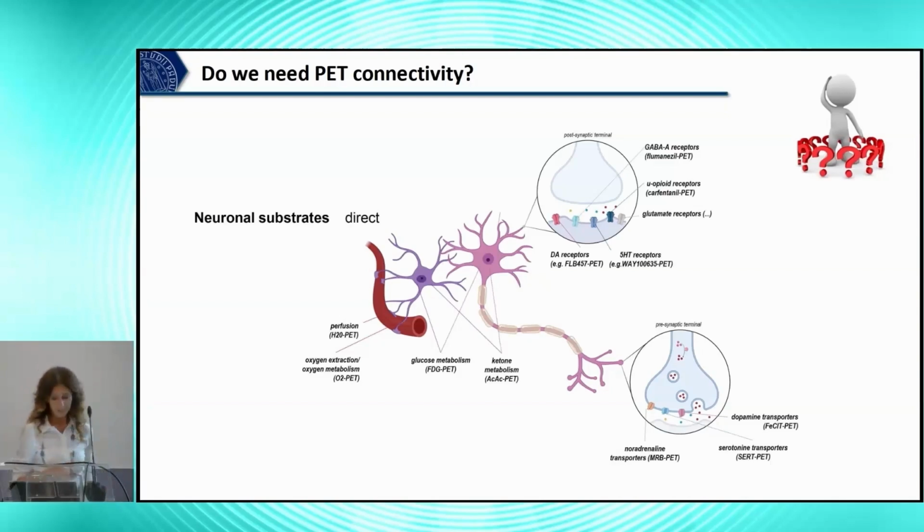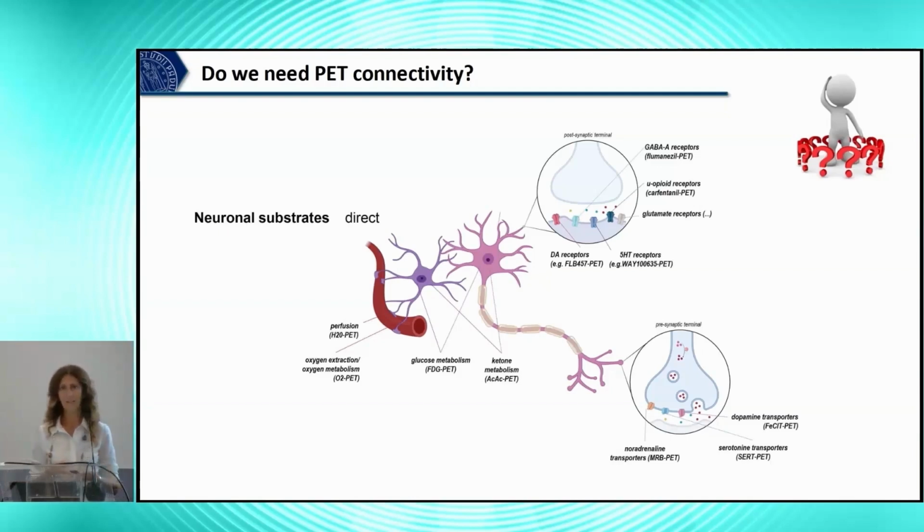So PET is able to give us very important, detailed physiological information. We can investigate just the blood flow, but we can do that also with MR. We can investigate the metabolism locally, and we'll see that we can also use it as a network.